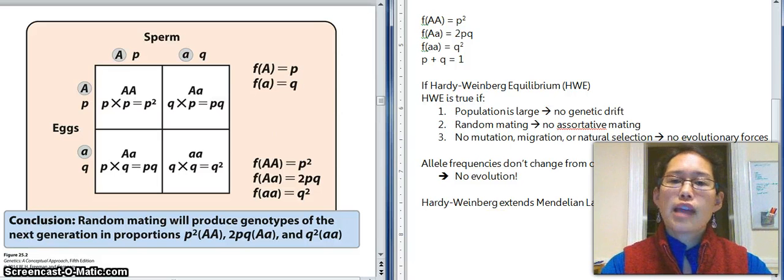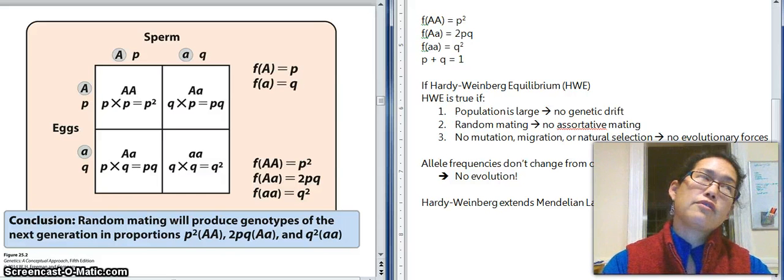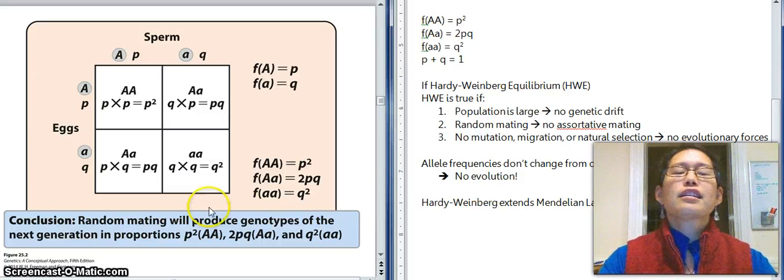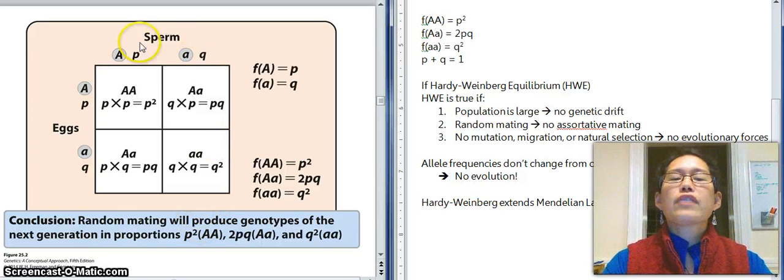Just as under the Mendelian law of independent segregation, we have an equal probability of a big A or a little a joining up to create a zygote.